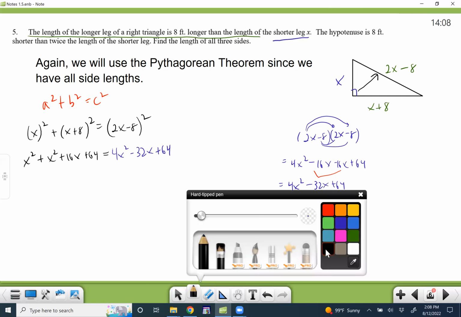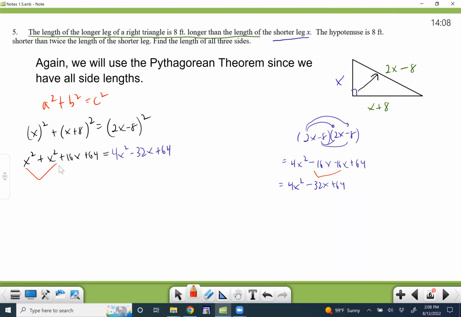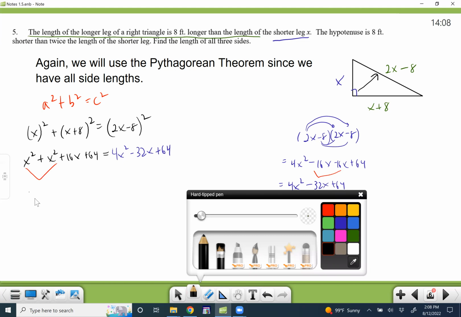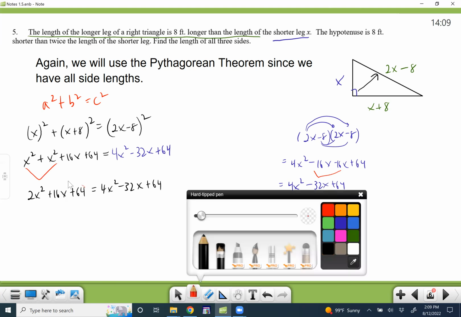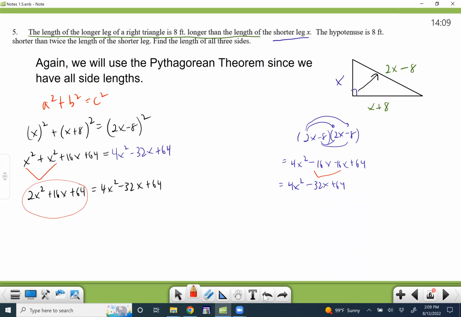All right. I'm going to combine like terms. So let's go ahead and add these together. All right, let's get everything on one side. And we're going to move all of these that way. That way we keep our leading term positive.